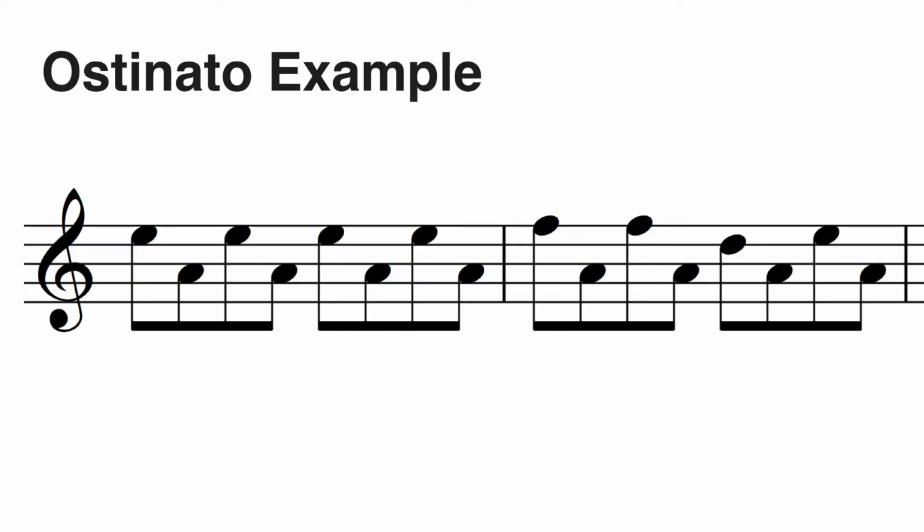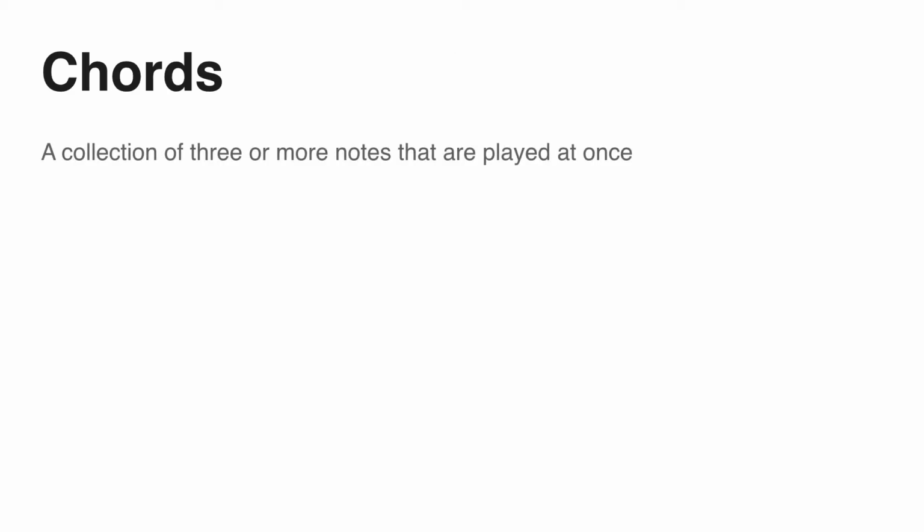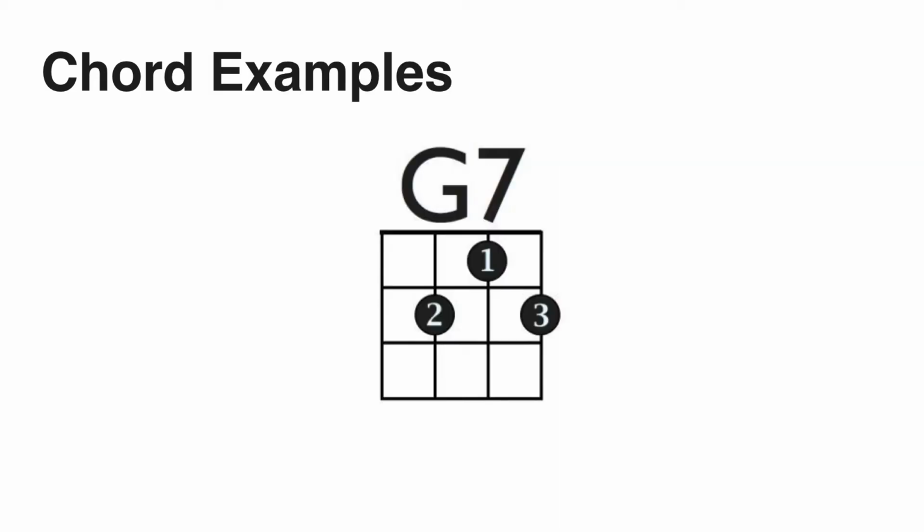Here's an example of an ostinato. An ostinato here is just two notes that repeat over and over and over. Right, so it just repeats, da da da da da, over and over and over. We all know ostinatos. Here's some examples of chords, which, by the way, a reminder, is a collection of three or more notes played at once.